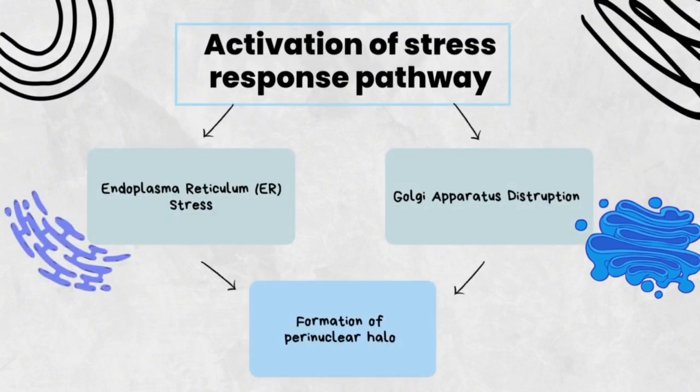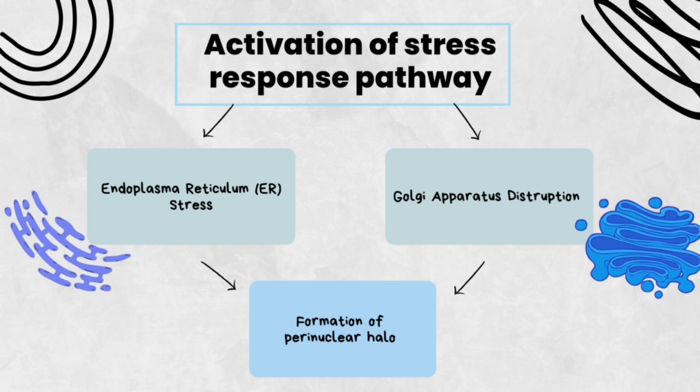Endoplasmic reticulum stress happens when there is an imbalance between protein folding needs and the ER capacity to handle them. This can happen due to many factors, including viral infections or misfolded proteins. Because of this, the unfolded protein response, UPR, is activated, but if stress persists, it can cause cell dysfunction and apoptosis.